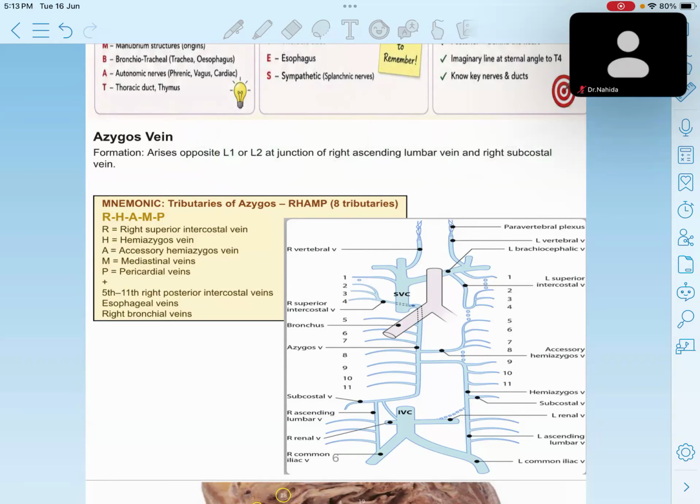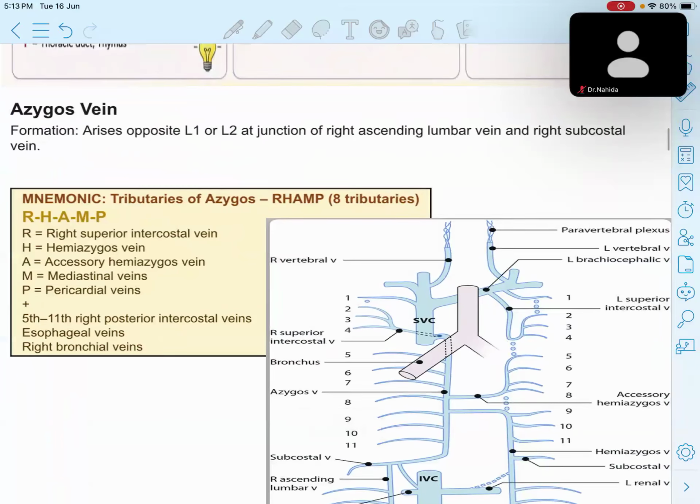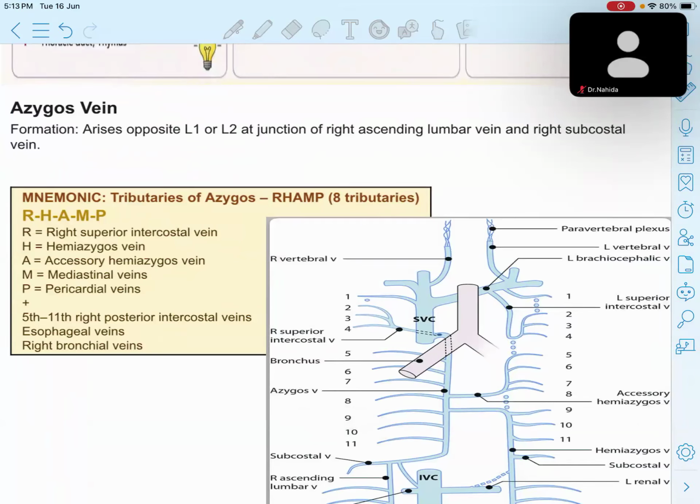Then the examiner can ask what the tributaries of the azygos vein are. Here you can use mnemonics, or you can keep the concept for memorization.